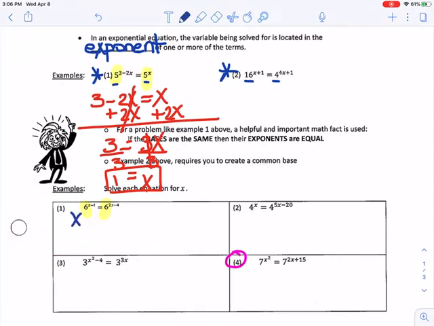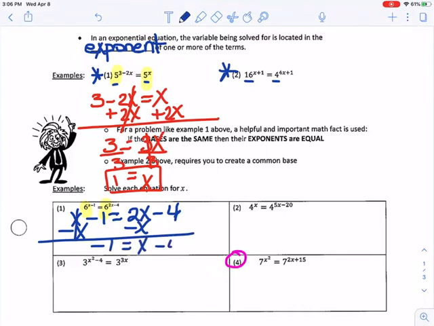So x minus 1 equals 2x minus 4. Subtract x, cancels out over here. Minus 1, 2x minus x is x, minus 4. Add 4 to both sides and get x is equal to 3.